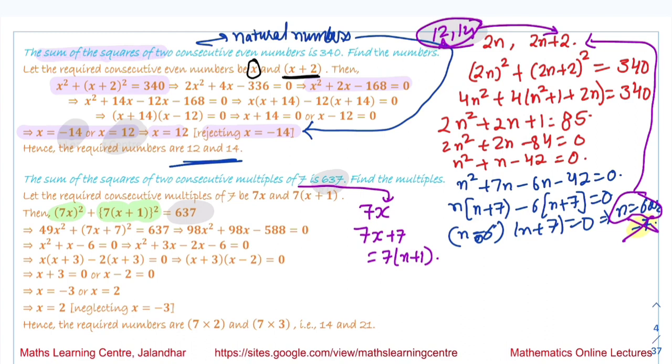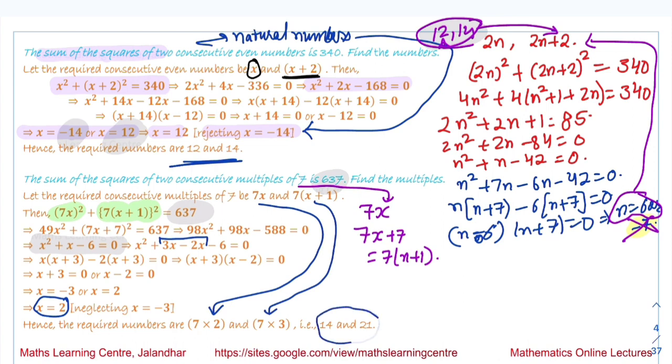On solving this, we get the equation in the form x square plus x minus 6 is equal to 0. On splitting the middle term, we write x as 3x minus 2x, and on solving this, we get the value of x as 2. So the two numbers we have are 7 into 2, 7 into 3, that is 14 and 21.